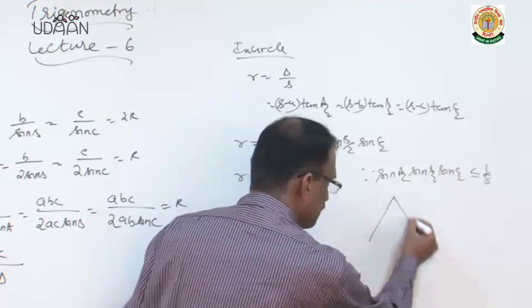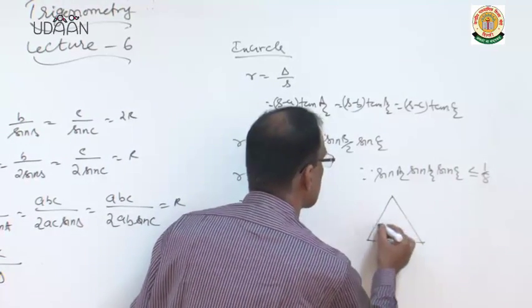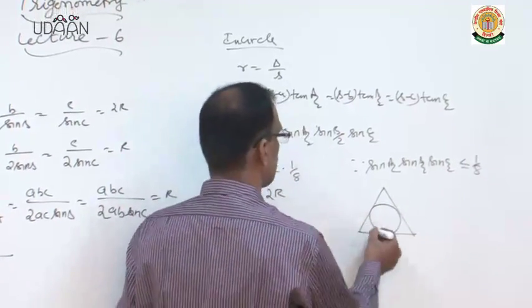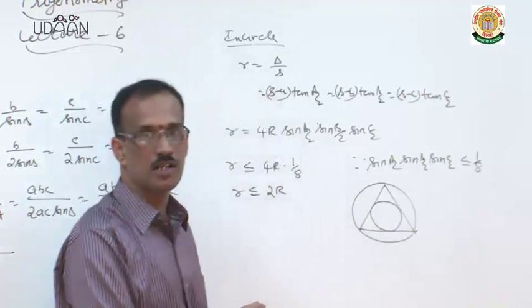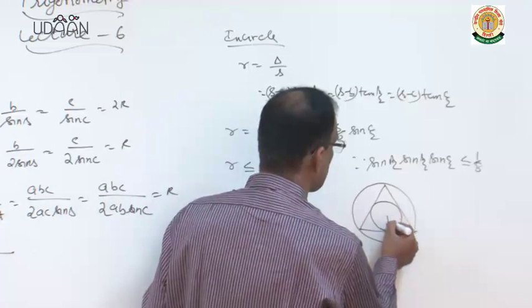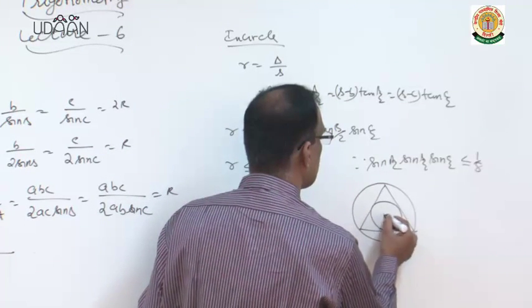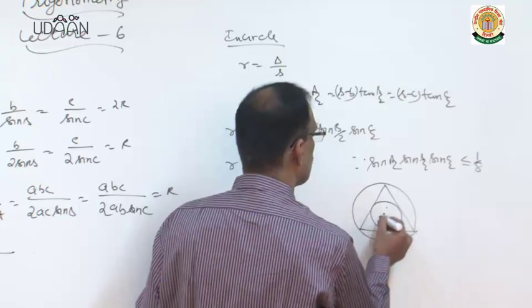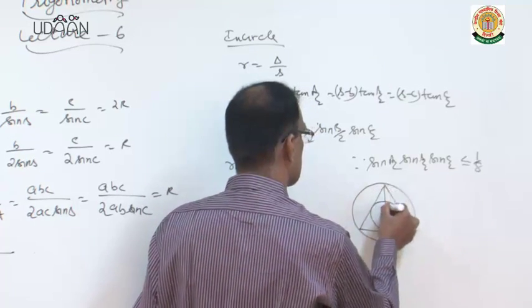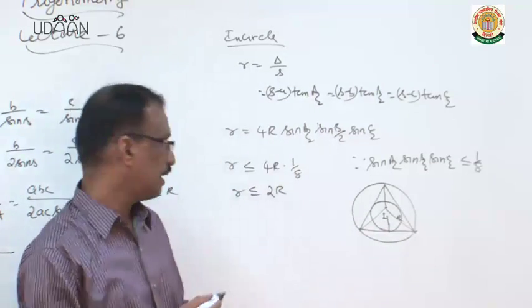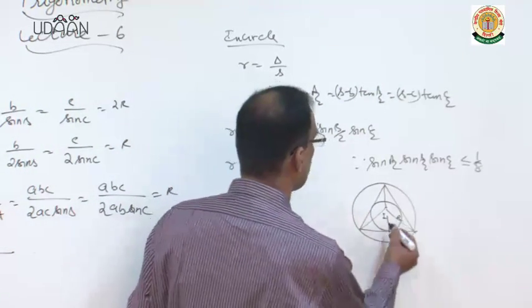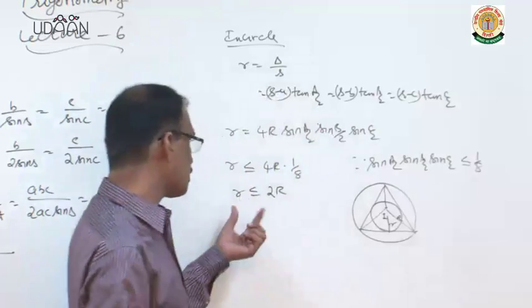So incircle means the circle is inscribed in the triangle, and the circumcircle means the circle is outside the triangle. So this is your incenter I, and this is your capital R and this is your small r. These are the relations between them.